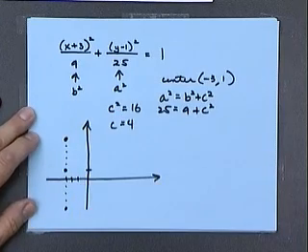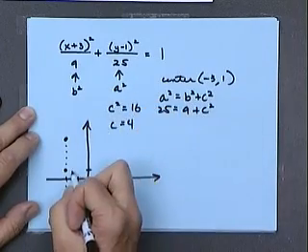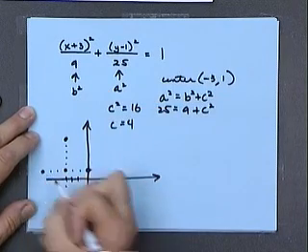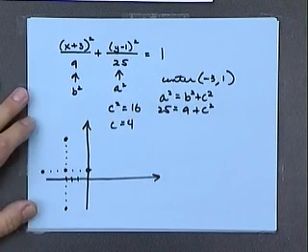So there's the vertices or ends of the major axis. B squared is 9, so B is 3. So there's the ends of the minor axis. I've never heard of a name given to them, like end of a major axis is called a vertex. I don't think they have a special name.